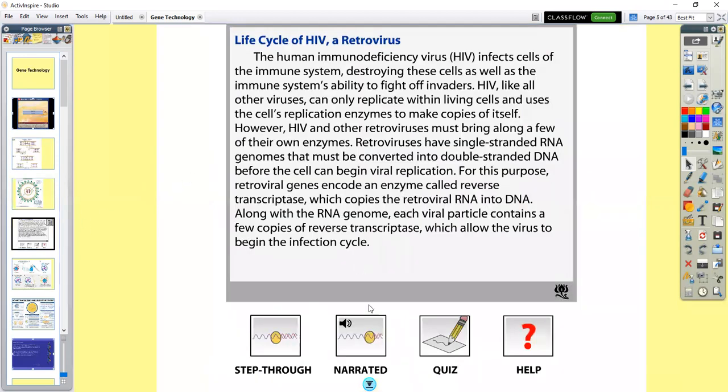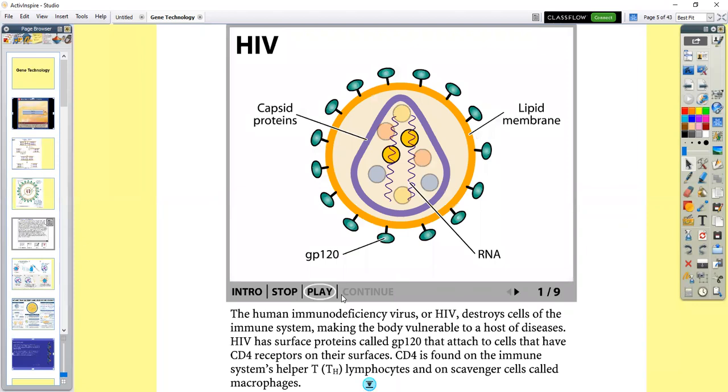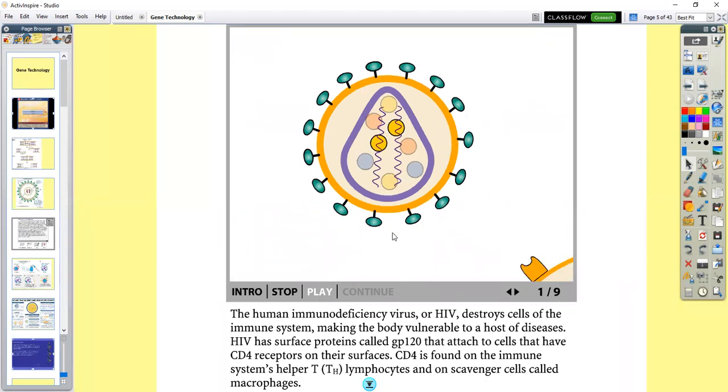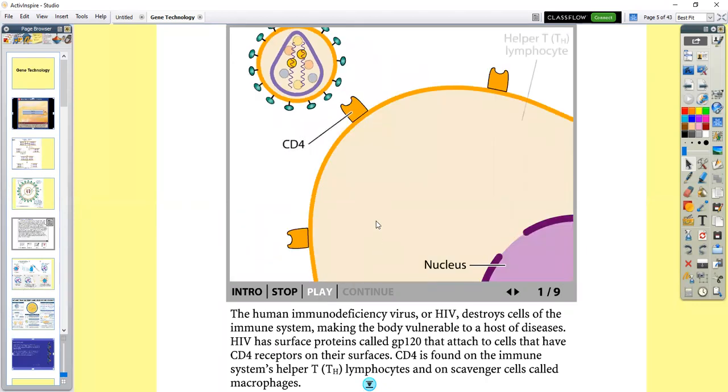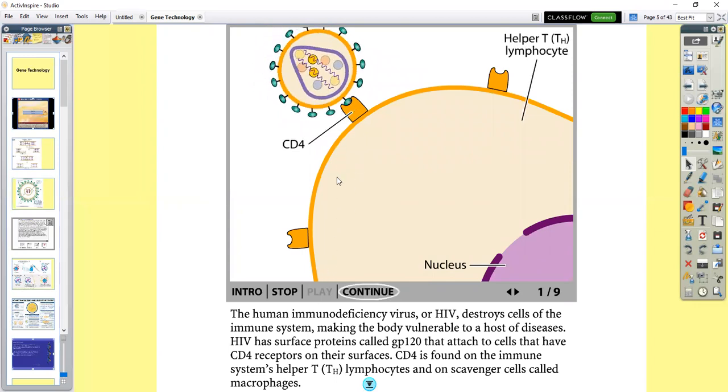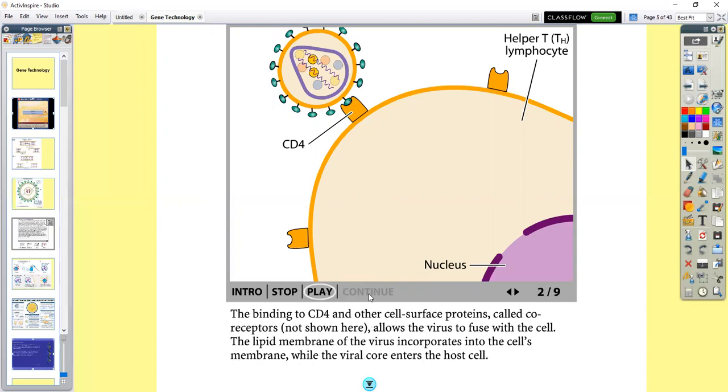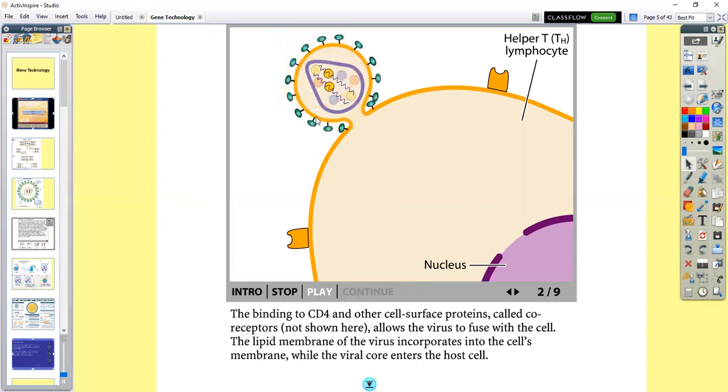Okay, and you can see here this sort of step through. Here's your HIV virus. And it's got these different spikes on the outside, which it can use to attach to recognition sites on the cell. So that's the way of tricking its way into the cell.